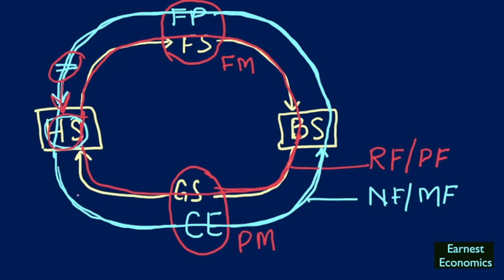From the household sector this income moves through this loop, that is consumption expenditure, and goes back to the business sector. So the point here is that it is this very income which is flowing from the household sector to the business sector and back to the household sector. Therefore, it is called circular flow of income. So I hope that now we understand some fundamental things about the business sector, product market, factor market, and household sector, and why this is called circular flow and why it should be called circular flow of income.